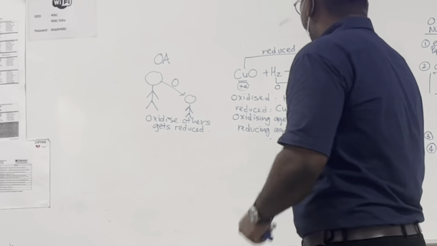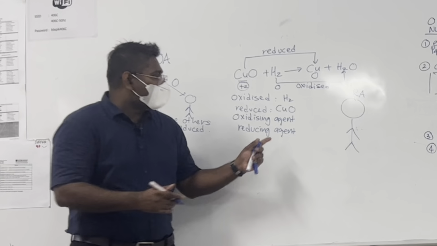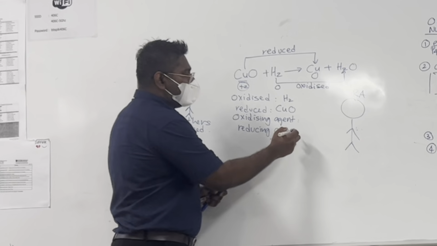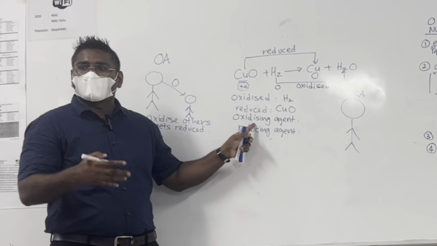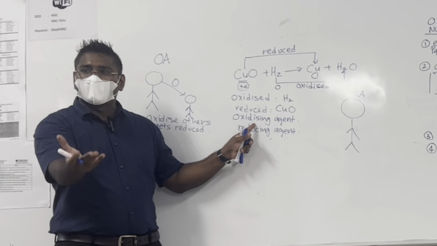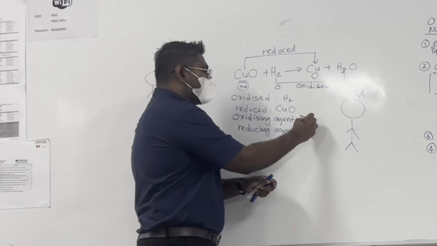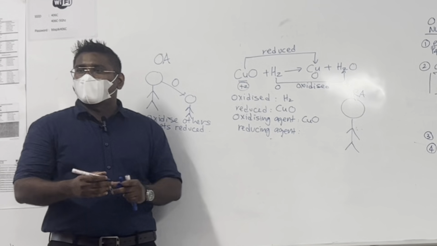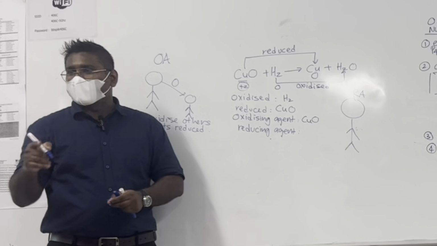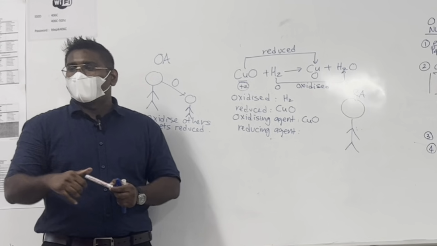Now if I want to find out, what is the oxidizing agent here? What is the reducing agent over here? Oxidizing agent is something that will oxidize others, but they get reduced. Reduced is copper oxide. What is the reducing agent in this reaction? Reducing agent is something that will reduce others, but at the same time they will get oxidized.